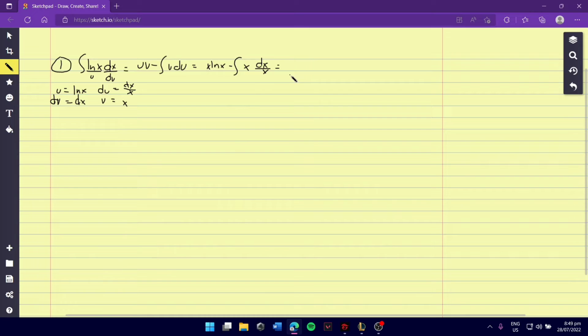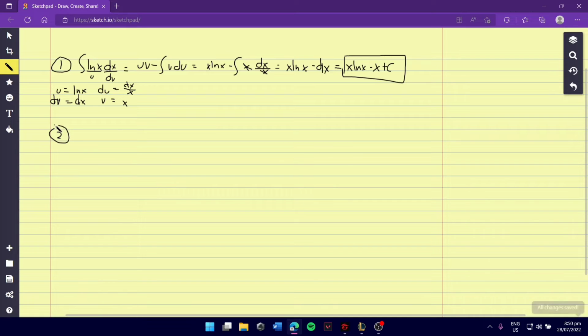Next, since x here and this will become 1 over x, it will cancel out. So copy x ln x, and then the integral of dx is simply x. Simplifying further, we have x ln x minus x, and then add our arbitrary constant, which is c. So this is now your final answer for example number 1.